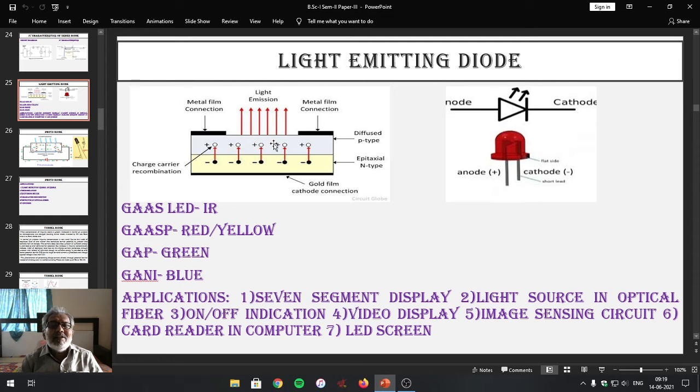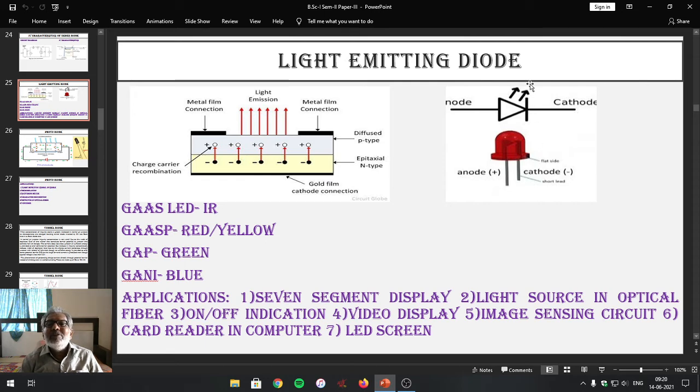These emitted particles are equivalent to the wavelength of the light radiation, which comes out through the transparent visible material through which we can get the emitted light radiation. Thus we observe that light is emitted from that device, and that's what we call the light emitting diode.